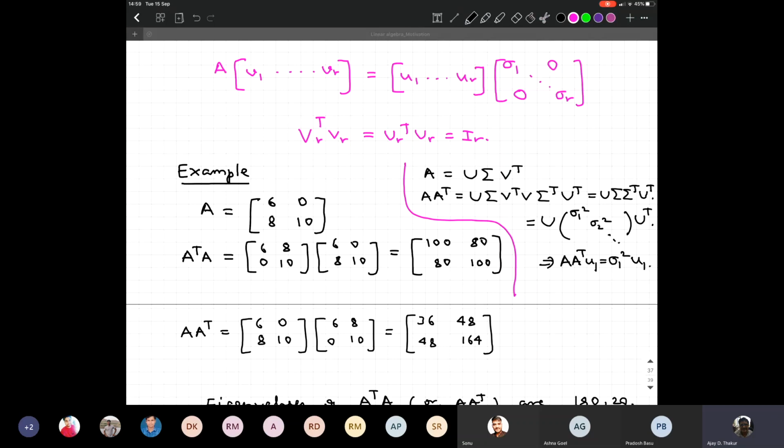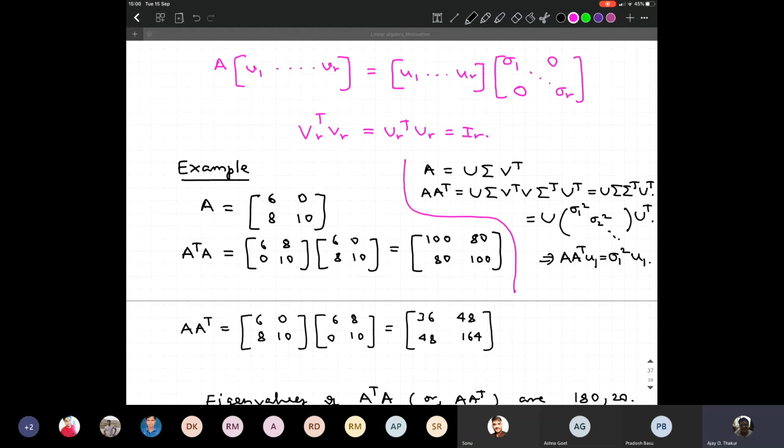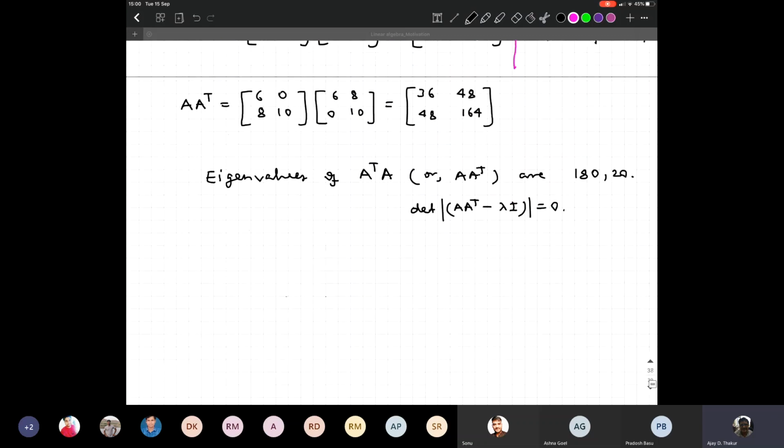So therefore, all the U eigenvectors are eigenvectors of AA transpose, and similarly all the V eigenvectors, which are composing the V matrix, are eigenvectors of A transpose A. So for AA transpose, you can see that the eigenvectors are going to be V1 equals 1 over root 2 (1, 1), and V2 equals 1 over root 2 (1, minus 1).